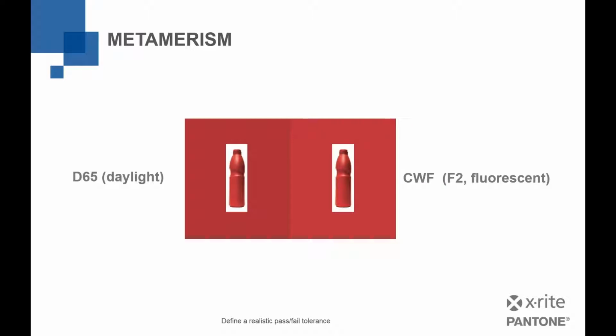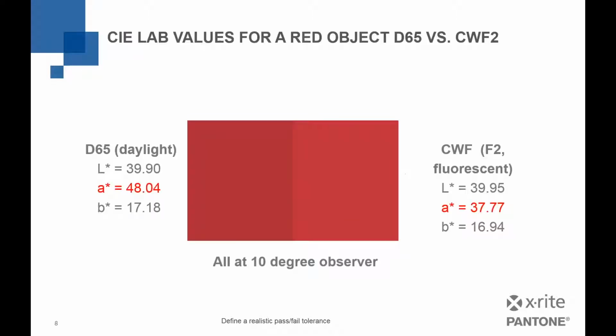And we can assess, by purely looking at the numbers or using a light box or both, whether this color will change significantly as we change lighting conditions. So if we look at the numbers here, we can see under daylight, we have the CIELAB values.